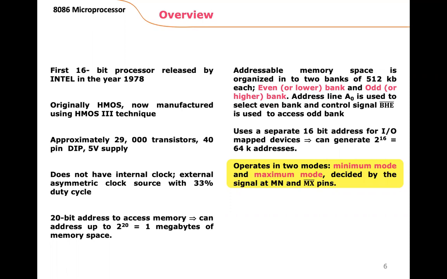So an address line of 20 means 2 to the power 20 accessible memory, because the address line is 20. Clear? Yes, sir.